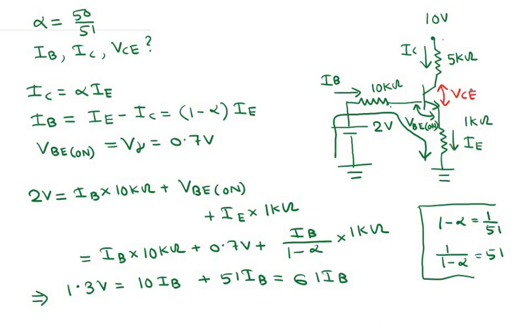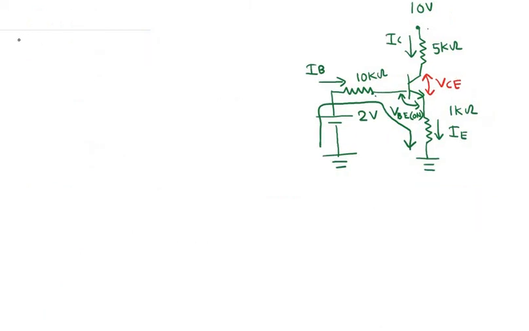So we write Kirchhoff's voltage law. 10 volts is equal to the voltage drop across the 5 kilo ohm resistor, so 5 kilo ohm into IC, plus VCE, the voltage drop between the collector and the emitter, plus the voltage drop across this 1 kilo ohm resistor, so IE into 1 kilo ohm.